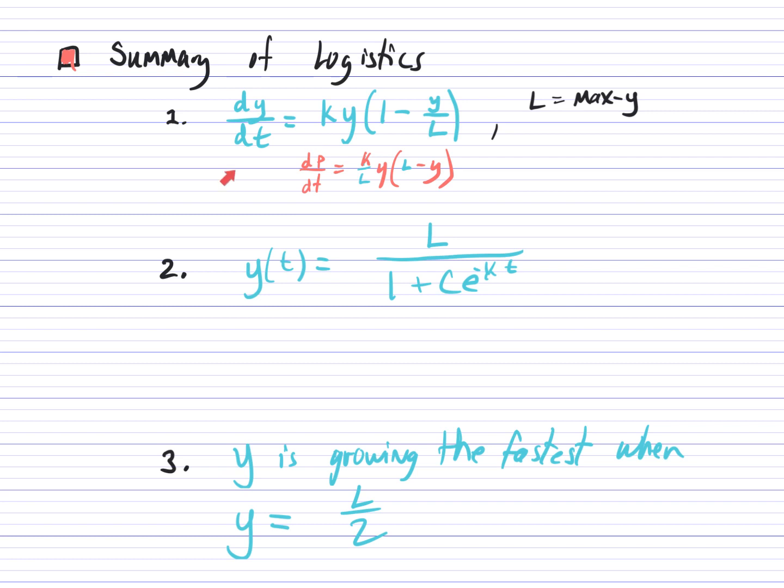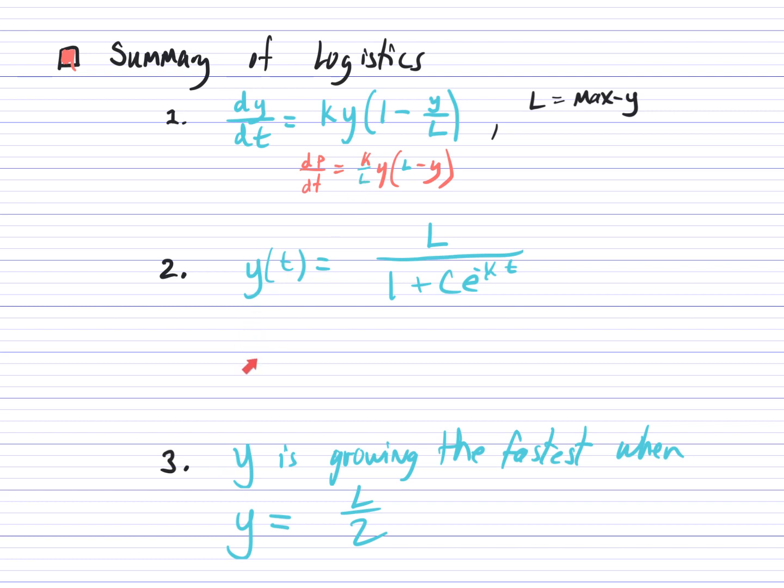All right, so we need to recognize that it's a logistic differential equation when the parentheses has a difference of two values, and after the subtraction sign is our variable y for population. And in front, there is some factor multiplied by y.